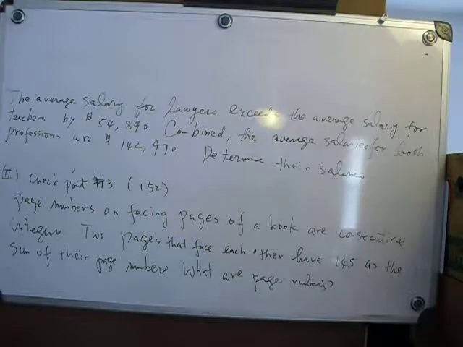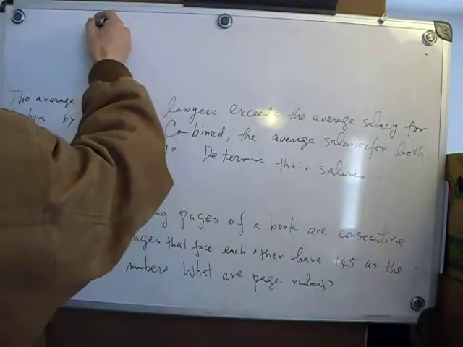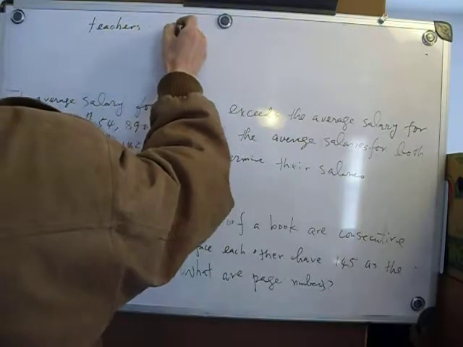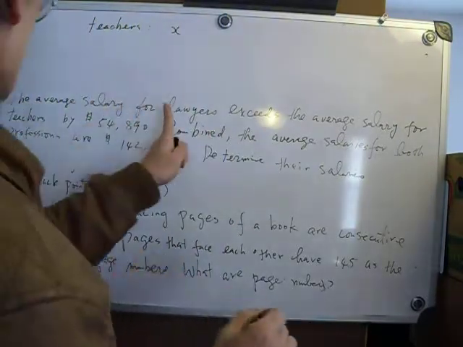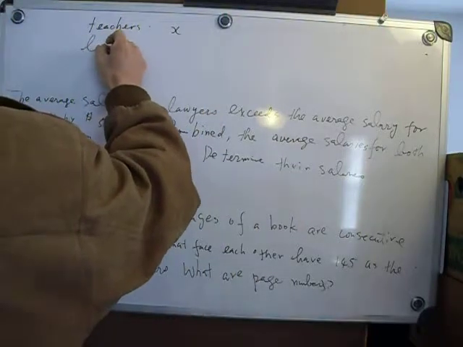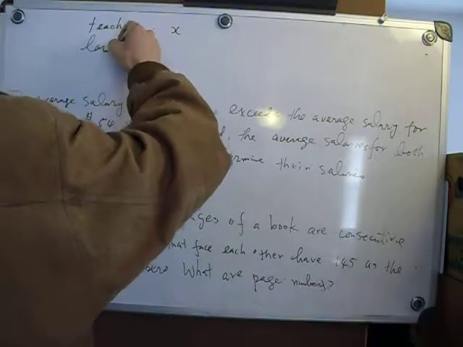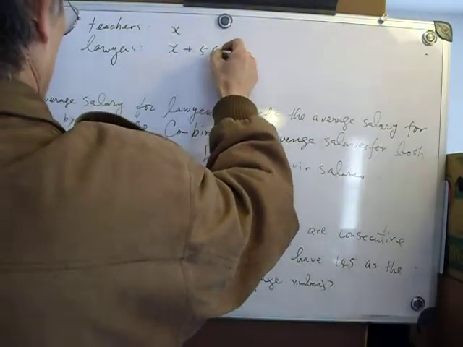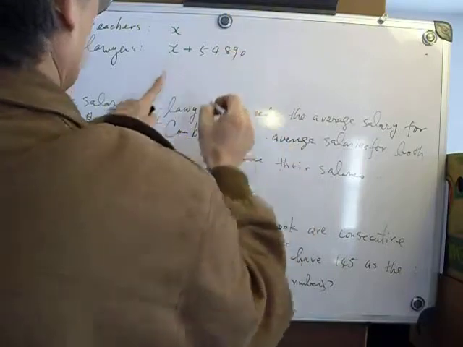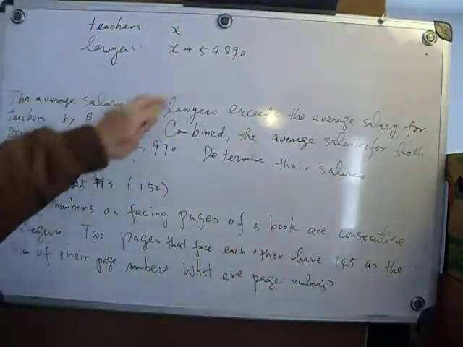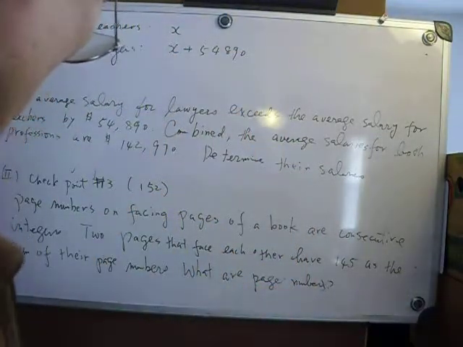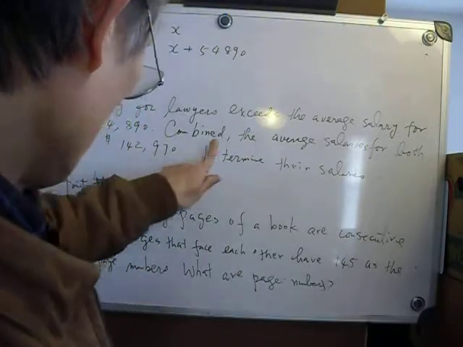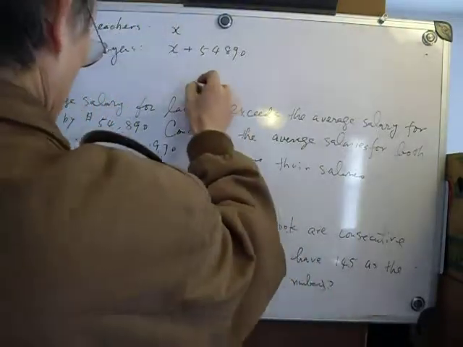Okay. So if we set the teacher's salary as x dollars, the lawyer exceeds by $54,890. That's the lawyer's salary is higher, as you can see. Let's translate into an expression here. Combine means they're together.